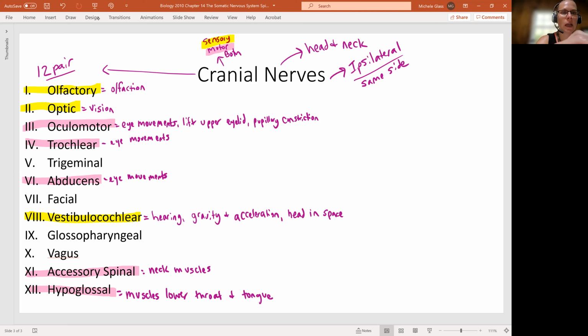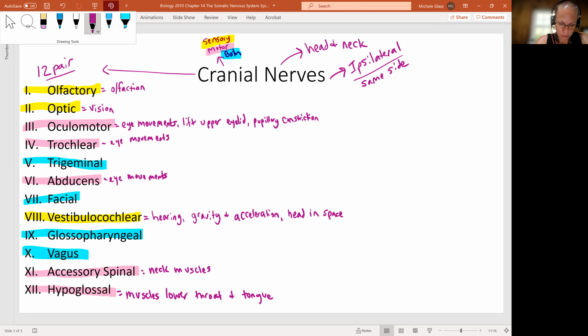And then finishing up here, we have those cranial nerves that are doing both, collecting sensory information and controlling motor information. Let's do sensory first.